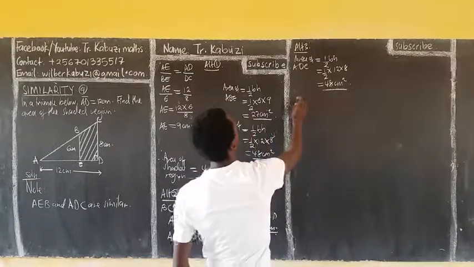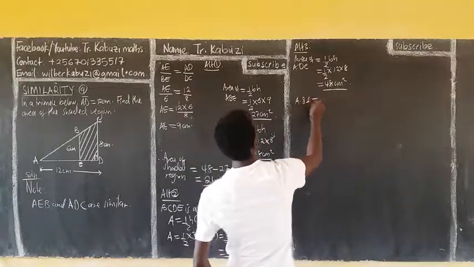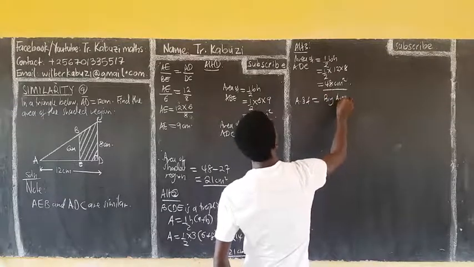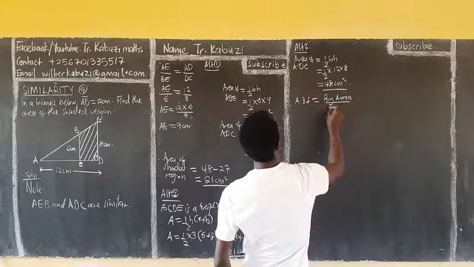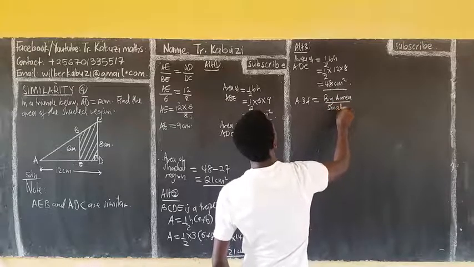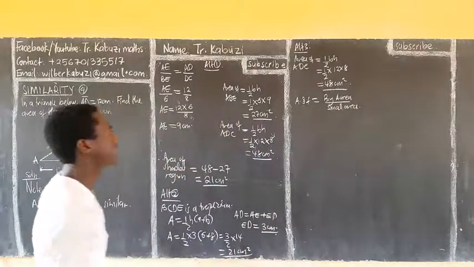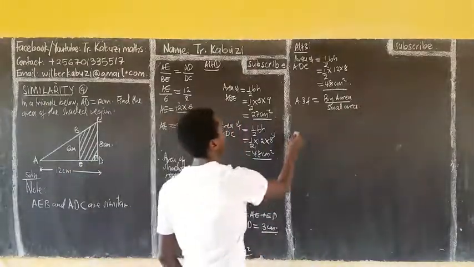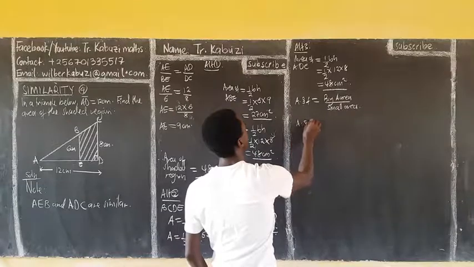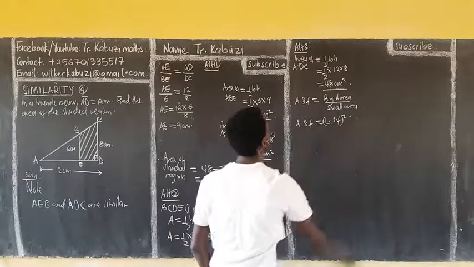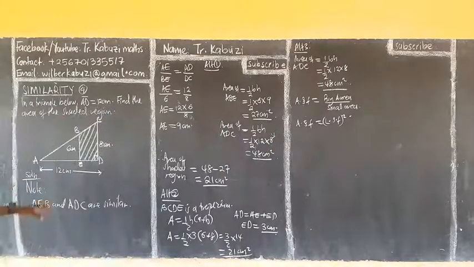Now, if we have this, we can do that. The area scale factor is equal to the big area over the small area. But I know that my area scale factor is equal to the linear scale factor, the whole squared. When I get the linear scale factor, I can get it because I have this and I have this.